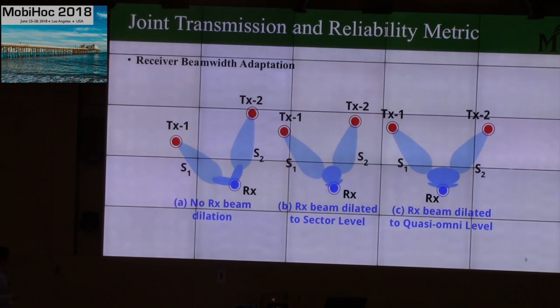The first one is we don't need to adapt the receiver beam pattern, because the receiver beam pattern already covers the main lobe or these two main lobes, and can directly receive the signal from the two transmissions. And the second one is we can widen the receiver beam pattern to the sector level, or even bigger to the antenna element level, to make the joint transmission possible.